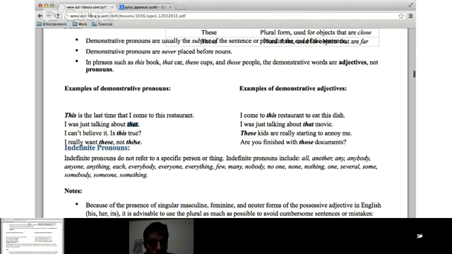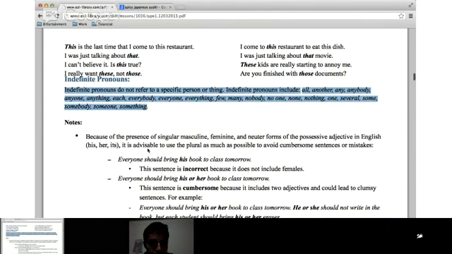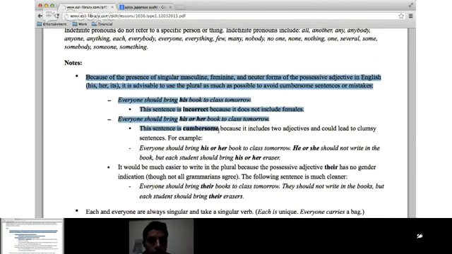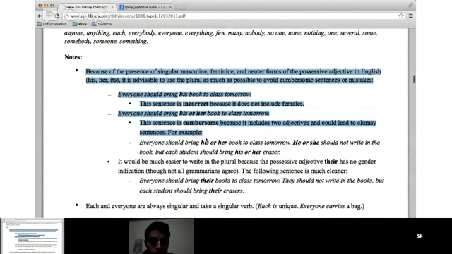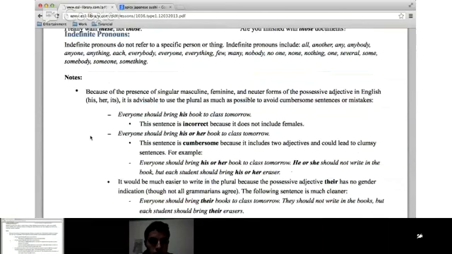And Jada, let me have you read about indefinite pronouns. I'll have you read this first paragraph, and then also the first two parts of the notes until there, please. Indefinite pronouns do not refer to a specific person or thing.